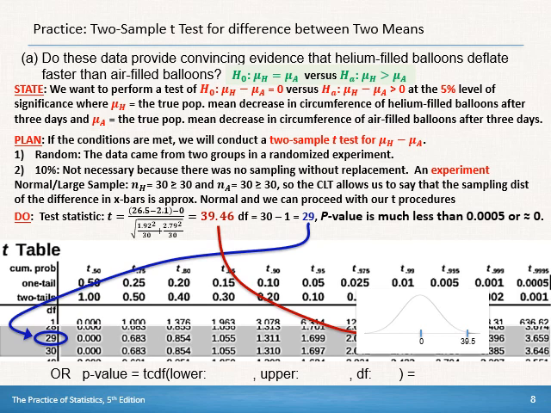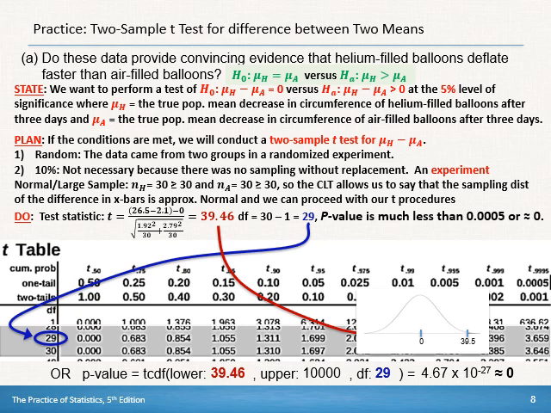In reality, that t statistic, the 39.5, is so far down into that tail that if this was drawn to scale, you would not see any shading. I brought it back a little bit so that we have a little bit of shading there. So the lower bound is going to be our 39.46, and the upper is 1,000, with degrees of freedom of 29.